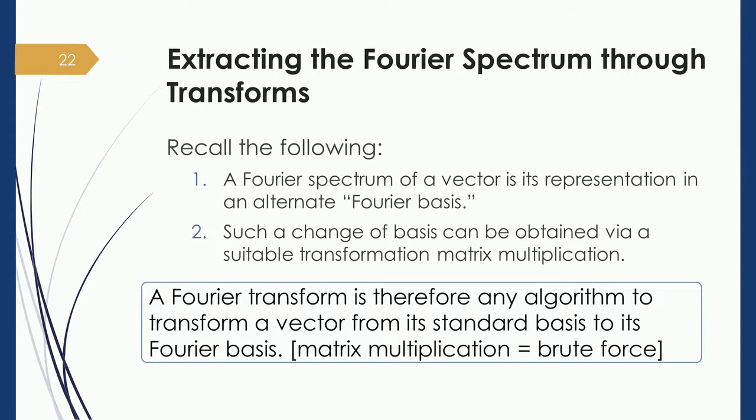So, the Fourier transform, therefore, is just any algorithm to transform a vector from its standard basis to its Fourier basis. The matrix multiplication version being the so-called brute force way to perform this transformation.